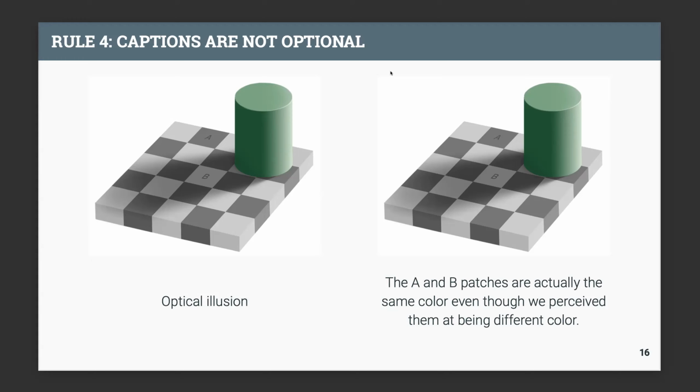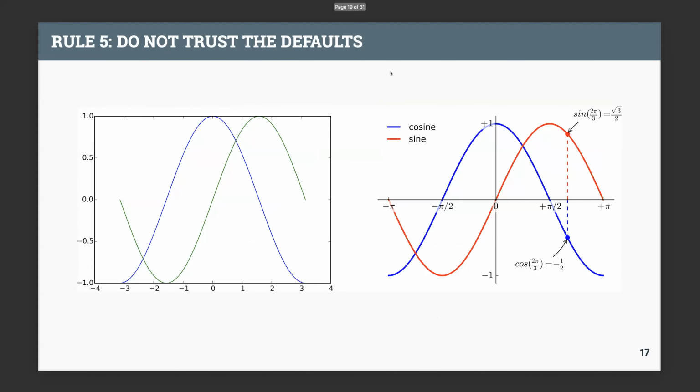And so it's written on the right that the colors of A and B are the same. And this is really the same. If you don't trust me, look for checkerboard illusion on Google, and you will find the image, and then you can check, because it's really, really surprising. Again, this is how we perceive things. So captions are really quite important.